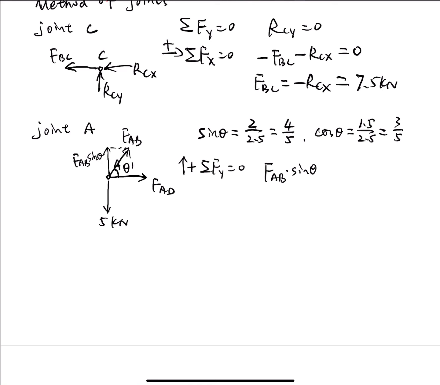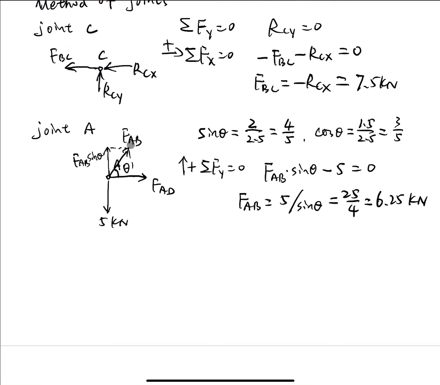FAB sine theta goes upwards, minus 5 kilonewton goes downwards, so equal to 0. Then FAB is equal to 5 over sine theta. Sine theta is 4 over 5, so this is equal to 25 over 4. So we can get FAB is 6.25 kilonewton. The direction is positive, so that means FAB is a tensile force.